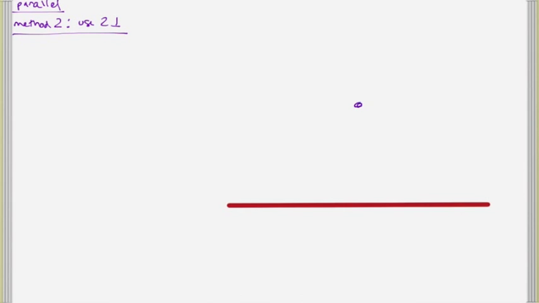We have a line, we have a point, and we want to make a parallel. To kind of sketch out our idea here, we're going to take that line and point and make a perpendicular going down, and then we're going to make a perpendicular going across, which should then give us a set of parallels.